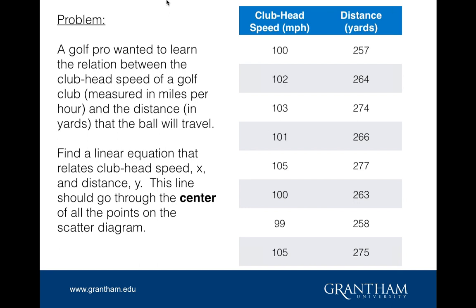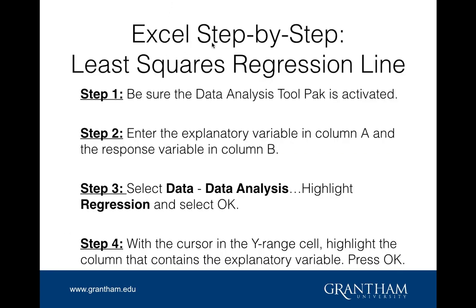Now, what I can do is draw a line through the center of the data that I already have and use that line to predict, wherever 104 is on the x-axis, what is the corresponding value on the y-axis, and that would be my predictor line. So how do I draw that in Excel? Again, make sure that you have your Analysis ToolPak installed and activated.